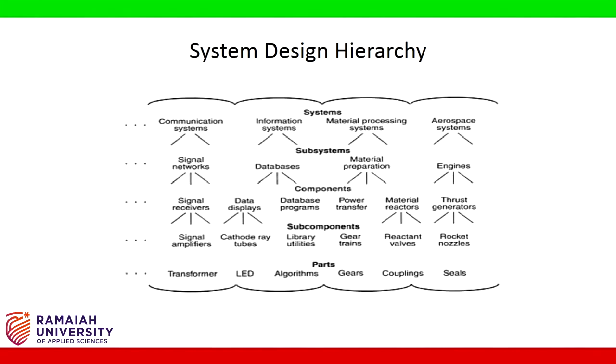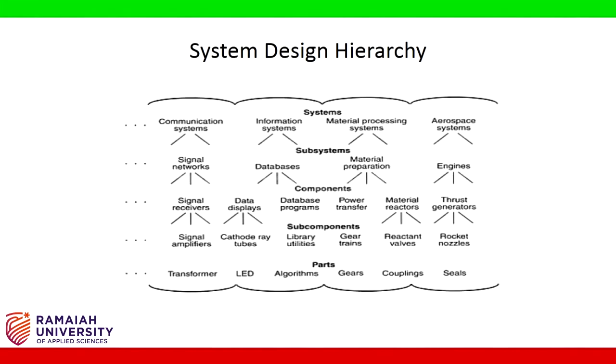A subsystem is the first subordinate level in the system hierarchy, a major portion of the system performing a closely related subset of overall system functions, and cannot perform without the companion subsystem.